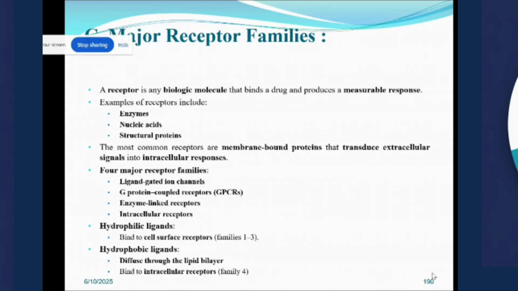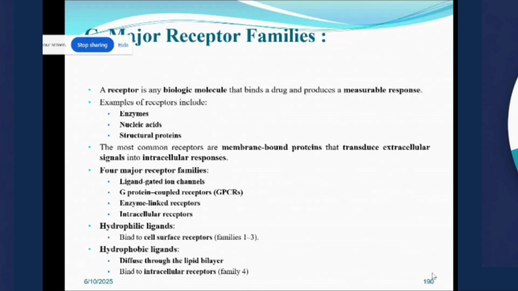We have receptors, which may include enzymes, nucleic acids, or structural proteins. That's in terms of their form. These receptors are classified into four major families, the ones you spoke about in your assignments.